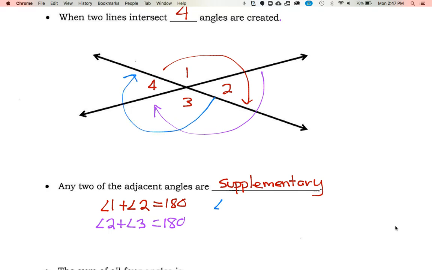Angle 3 and 4 has to equal 180. Angle 4 and 1 equals 180.